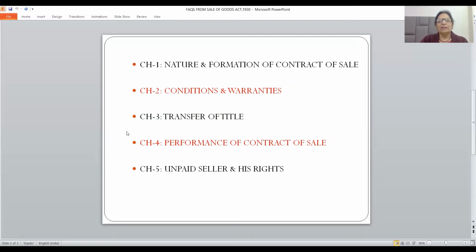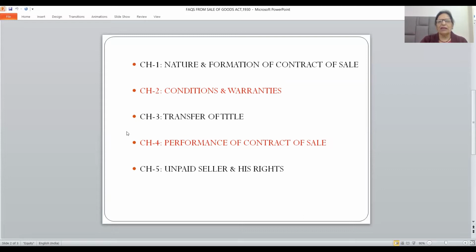The payment may be made partially in cash or in kind, but the entire payment cannot be made by way of goods. It can be total payment in terms of money, or partially in terms of money and partially in terms of goods. But if goods are exchanged against goods, then that is known as the barter system. So what is the meaning of contract of sale?